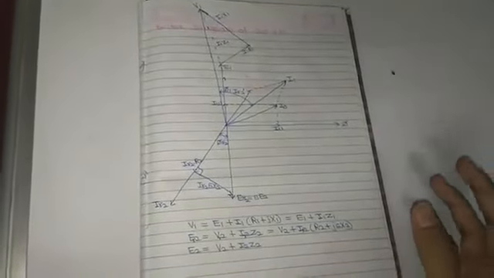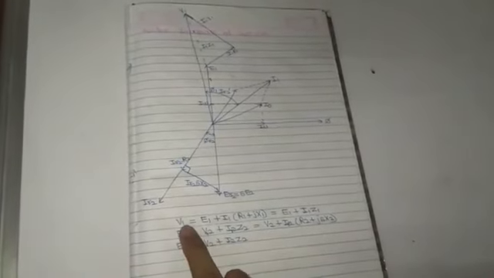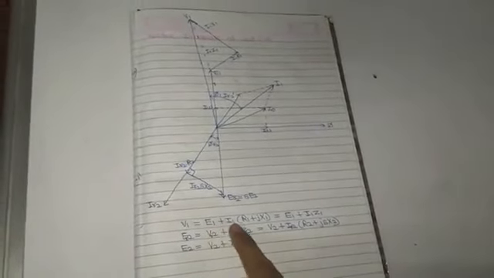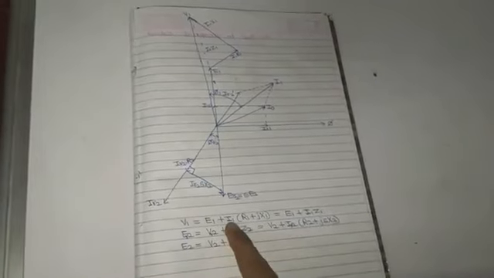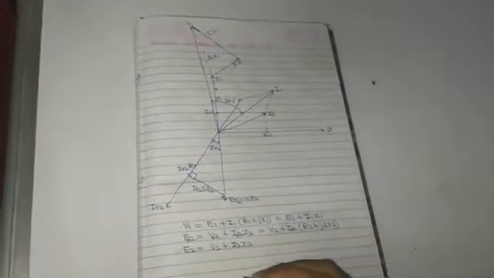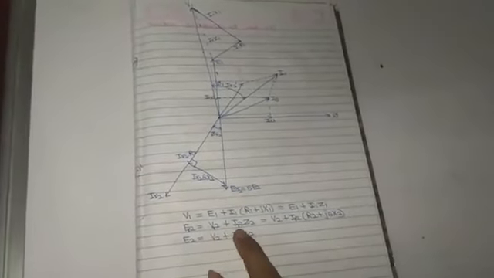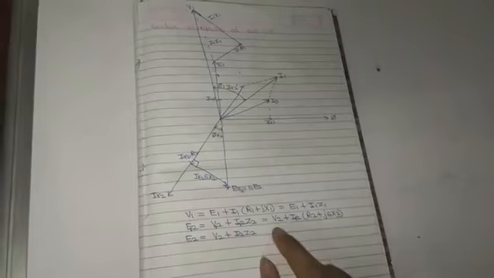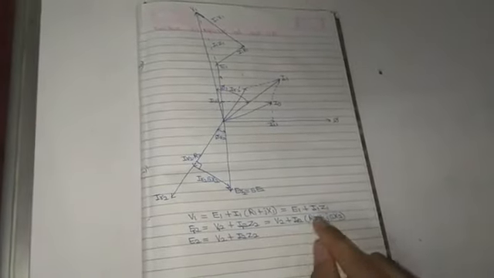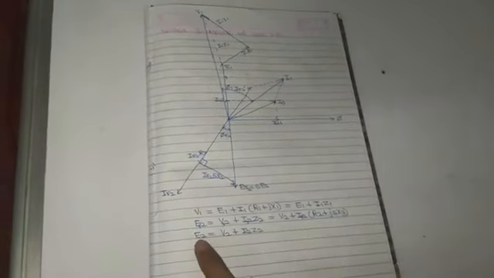So this is the complete phasor diagram, the vector diagram of the three-phase induction motor, and we can get these equations. V1 equals E1 plus I1 Z1, that is E1 plus I1 into R1 plus jX1, by the equivalent circuit of the stator. And ER2 equals VR2 plus IR2 into Z2, that is V2 plus IR2 into R2 plus jSX2.